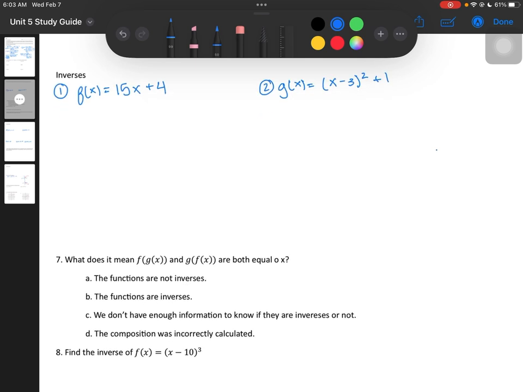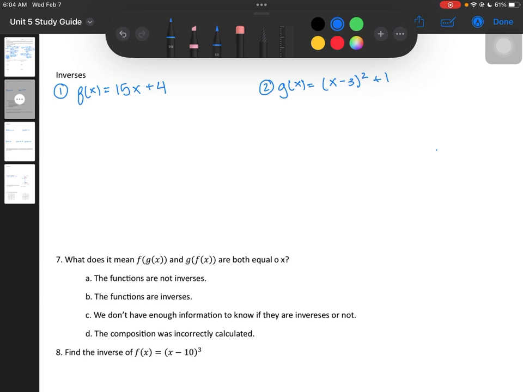All right, so hopefully you feel good about composition of functions at this point. If not, you have both of the practice worksheets that we've done in class. You should have both of those back, and those are great practice problems to work through also. So now we're going to take a look at inverses.